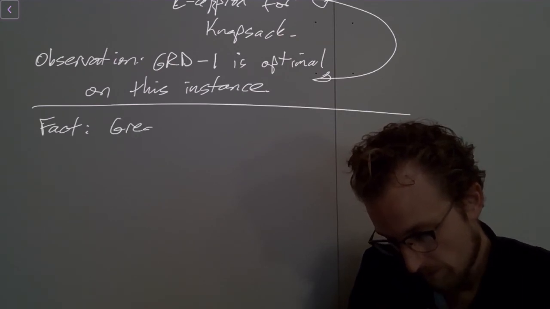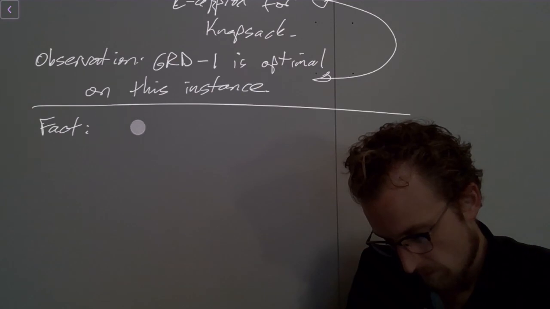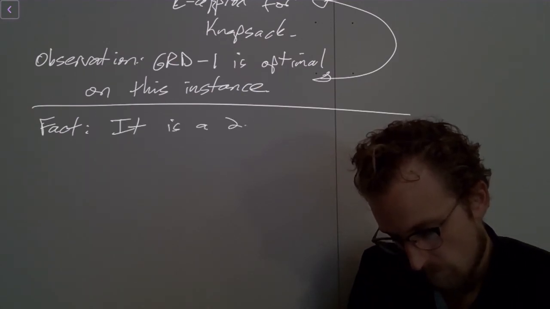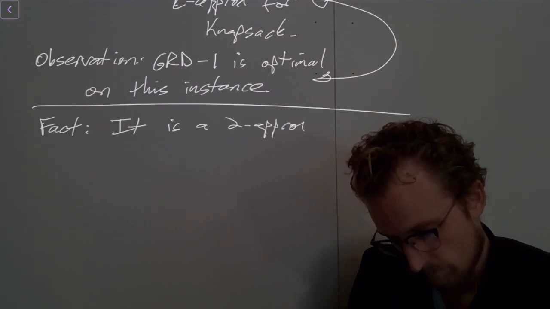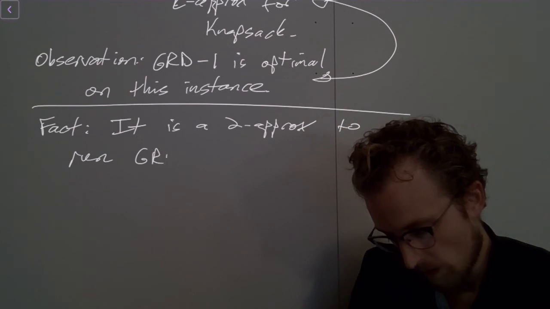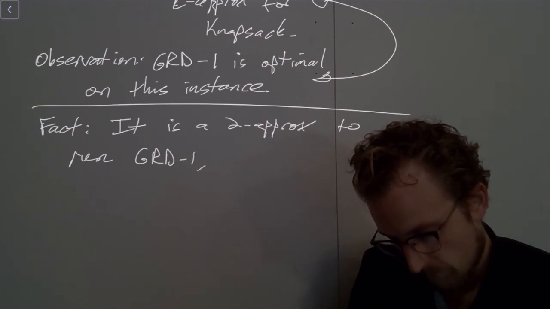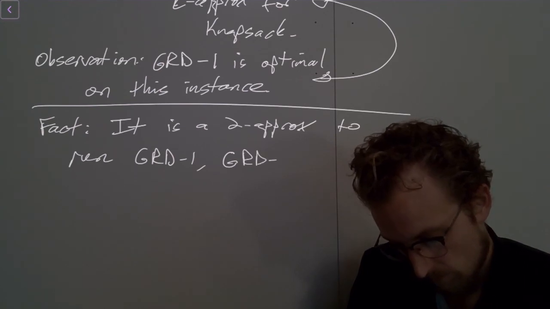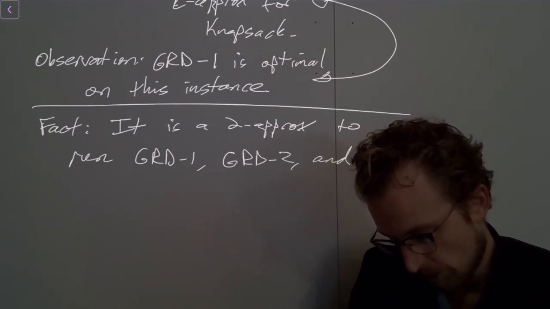Let me write it this way. It is a 2 approximation to run greedy 1, greedy 2, and return the best solution found.